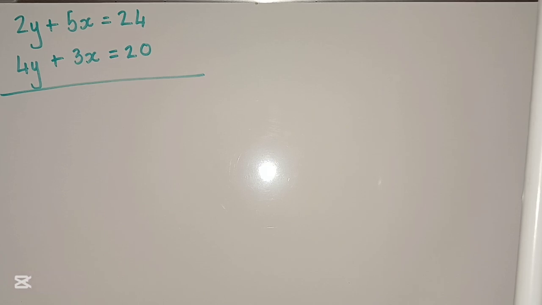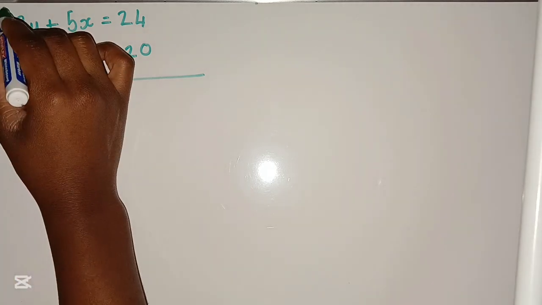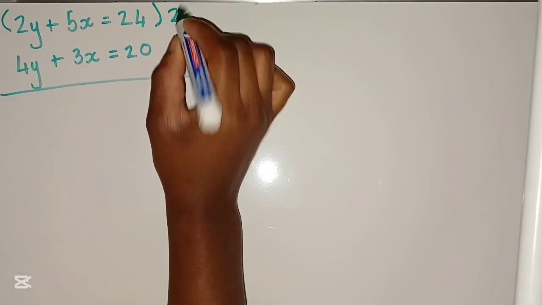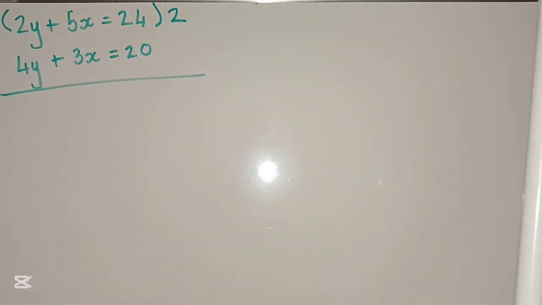In this case, my coefficients 4 and 2 are not the same. So I'm going to find the LCM of 2 and 4, which is 4. So I'm going to multiply my first equation by 2 so that my coefficients of y are the same.